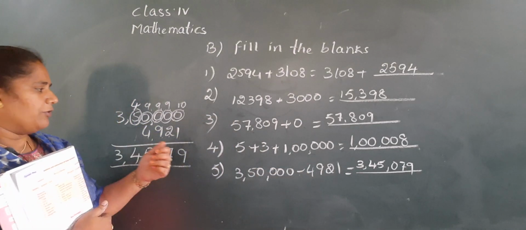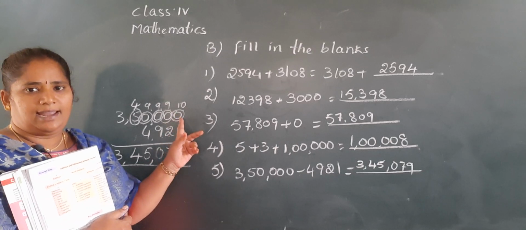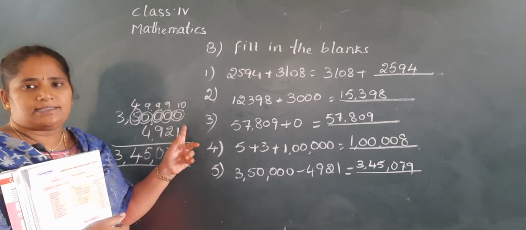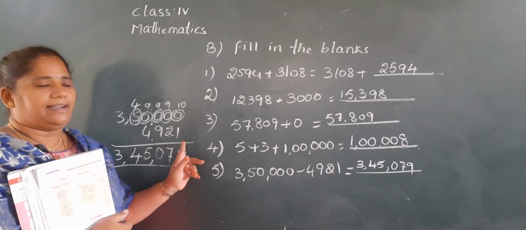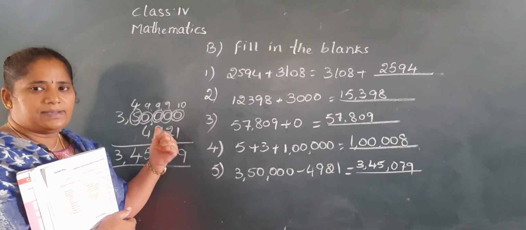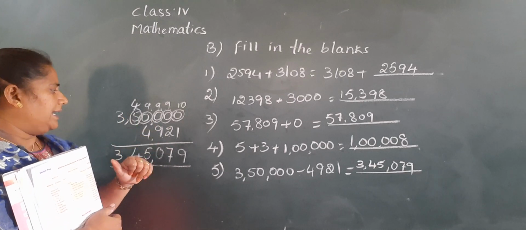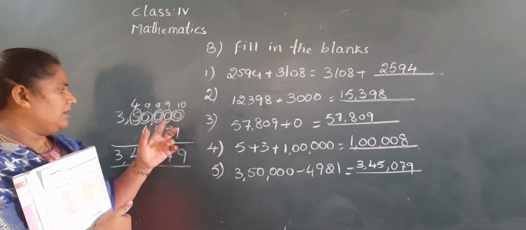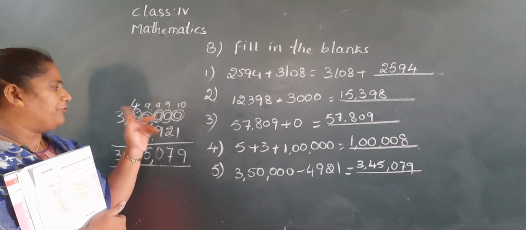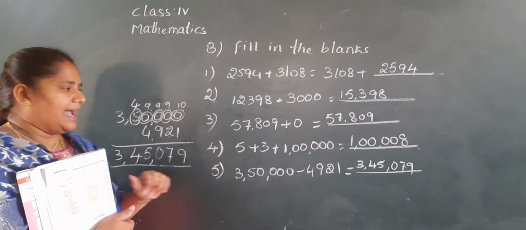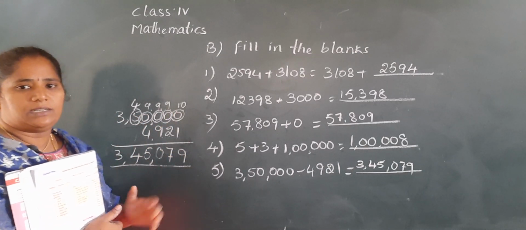Is it clear to you how to do the subtraction if the zeros are there? 0 is the smallest number, so we can't subtract it directly, so you take borrow from the beside number. But here also there is no number, so you go to the 10,000s place and take borrow. So 10, 9, 9, 9, 4. 10 minus 1 is 9. 9 minus 2 equal to 7.